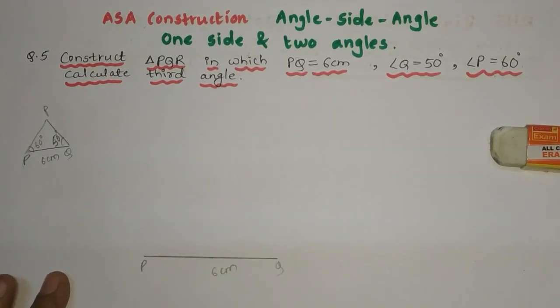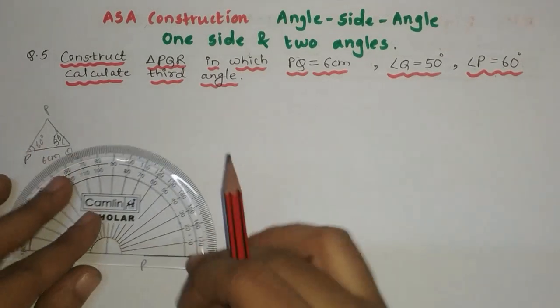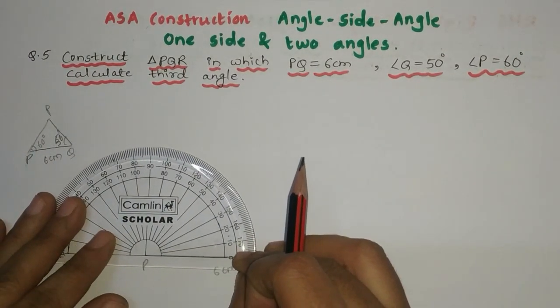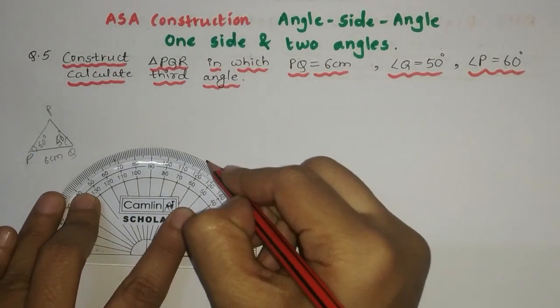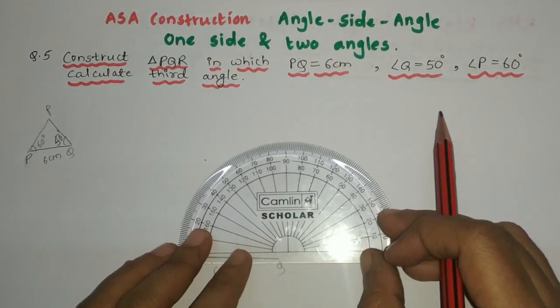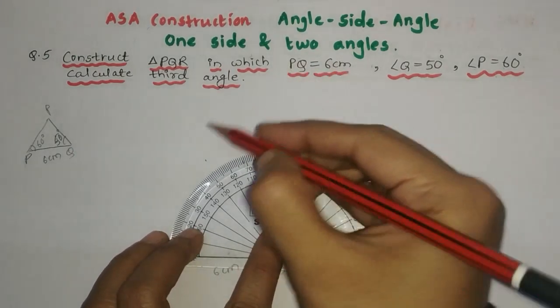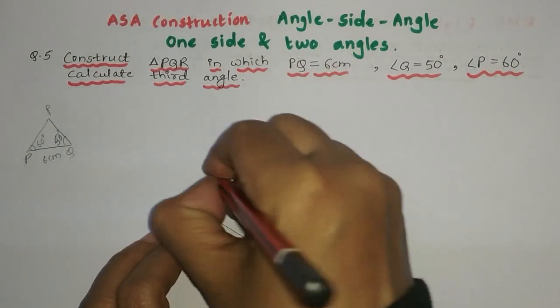Now we need to measure angle P 60 degree. So at P we will draw 60 degree. This is a marking of 60 degree. And now at Q we have to measure 50 degree. 50 degree will be here.